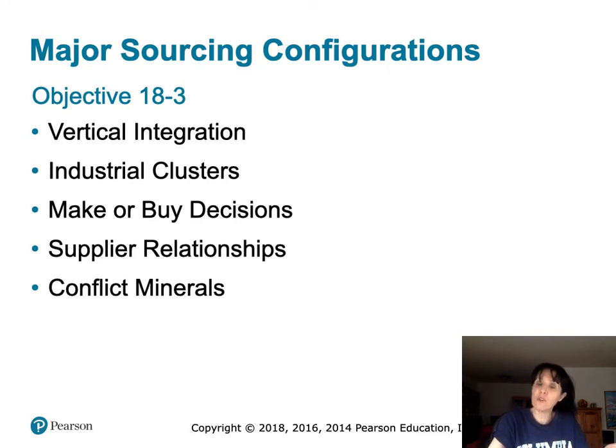For instance, Hollywood or Silicon Valley can be considered as important industrial clusters because the buyers, the suppliers, the technology experts, the companies are all located in close proximity to each other, and therefore they facilitate doing business with each other.